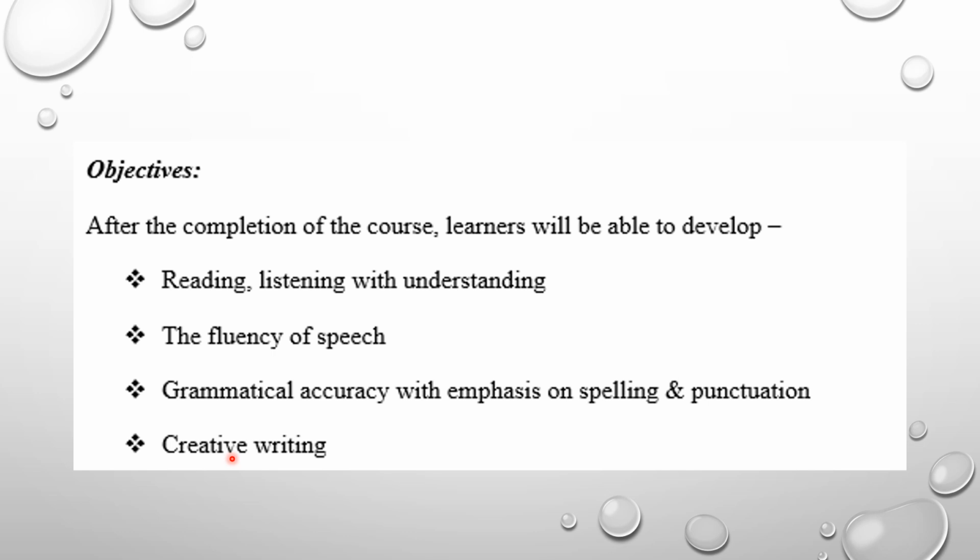So creative writing is one kind of composition, and it helps us to develop the language. So these are the four objectives, four purposes, and these four purposes will help us to develop the English language. And that is why this subject is especially designed for the students of the diploma in engineering course.